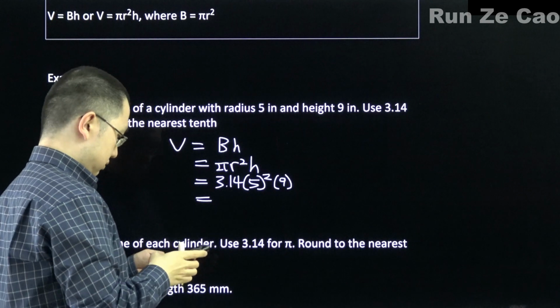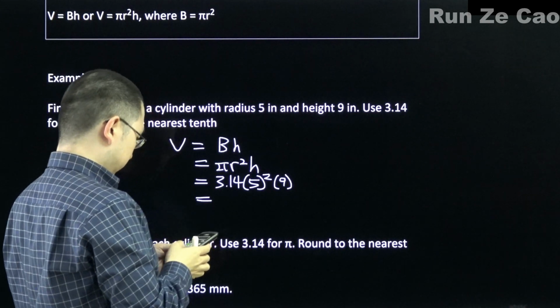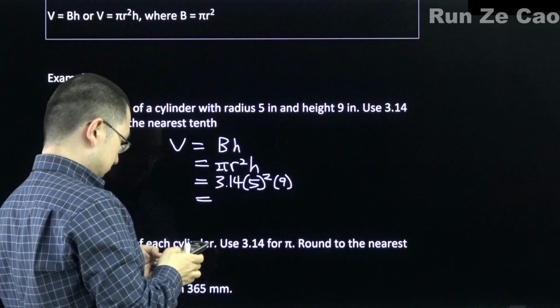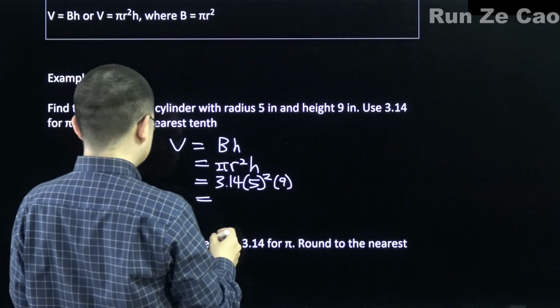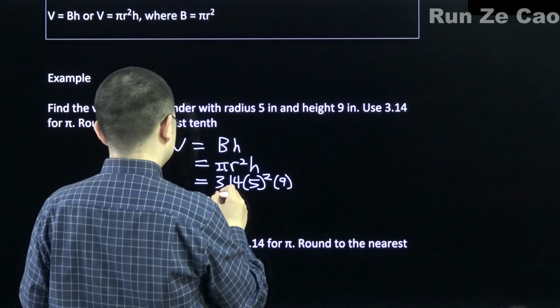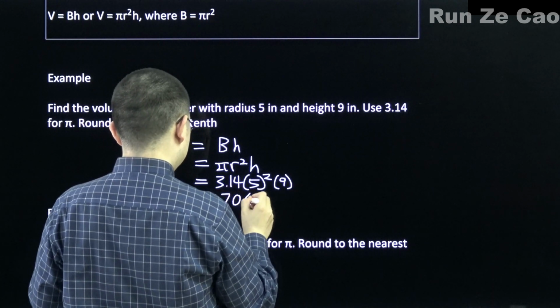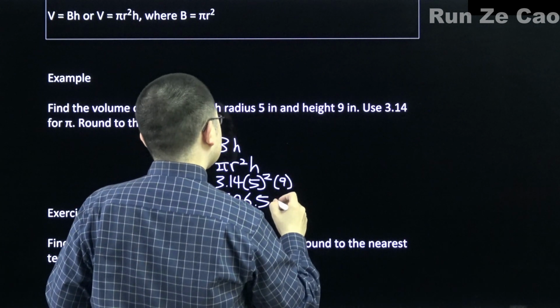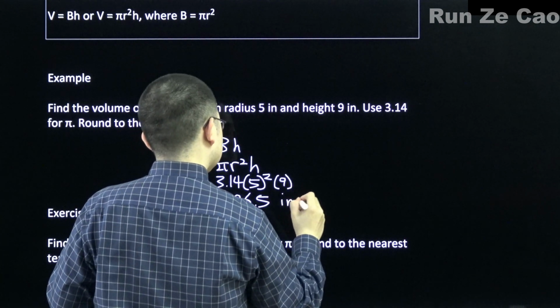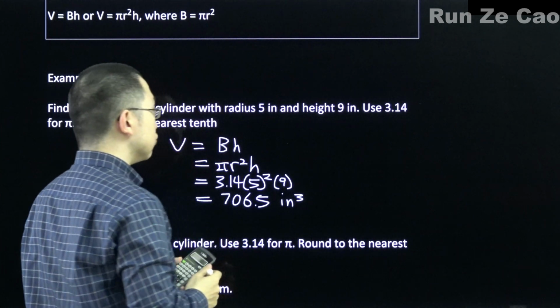So 5 squared times 9 times 3.14 is 706.5. And this is in inches cubed.